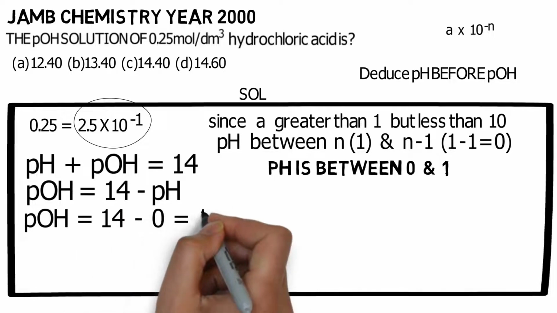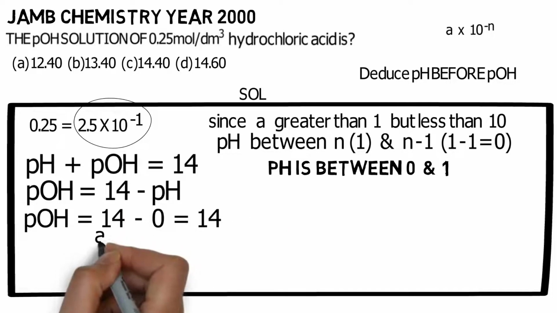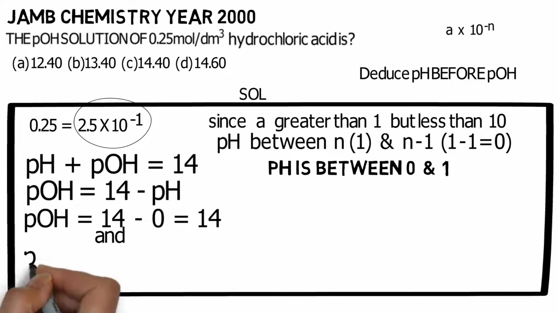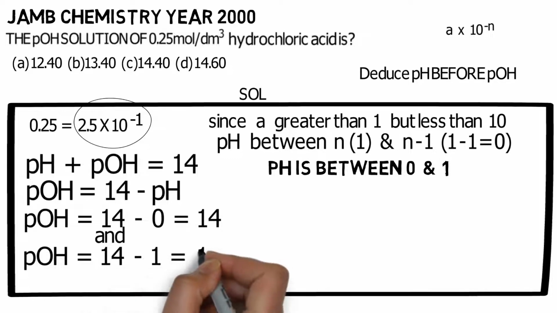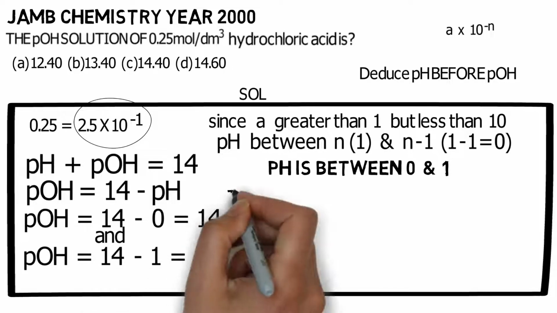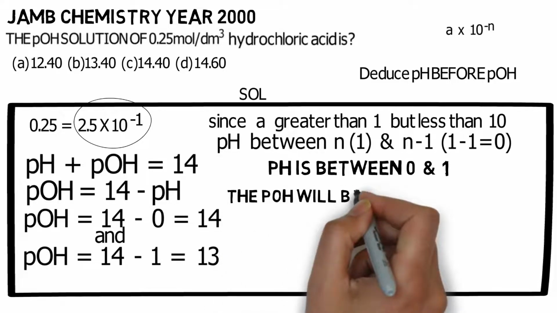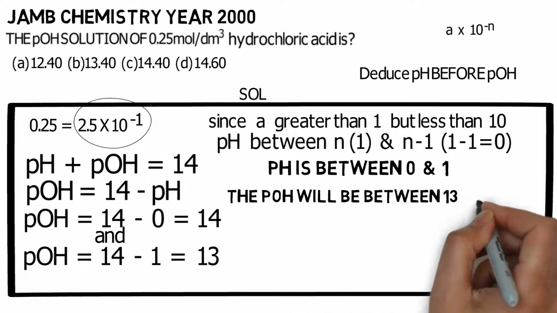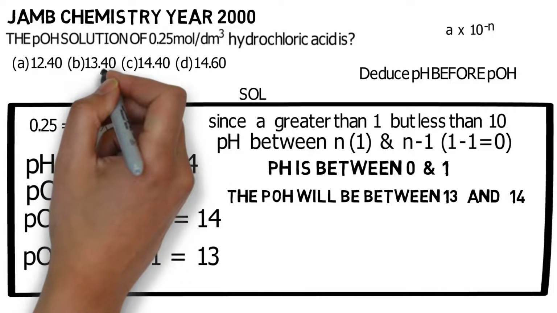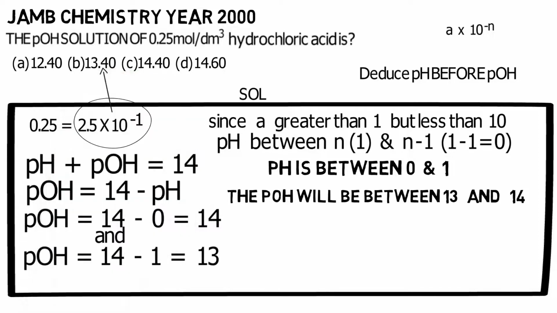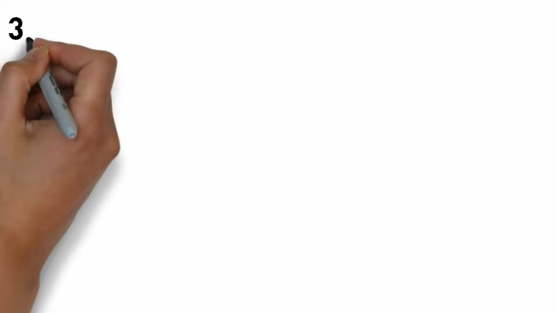Now, pOH equals 14 minus 0, which is the first value, equals 14, and pOH also equals 14 minus 1, which is the second value, equals 13. This simply means that the pOH will lie between 13 and 14. Looking at the options, we can see that the only value that lies between 13 and 14 is option B, 13.40. So our answer is B.